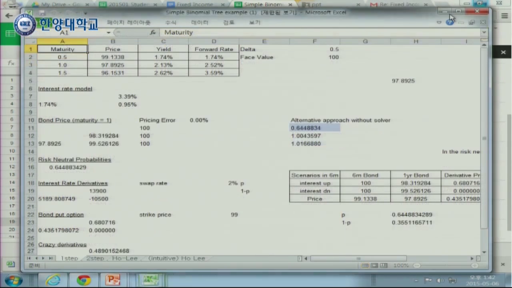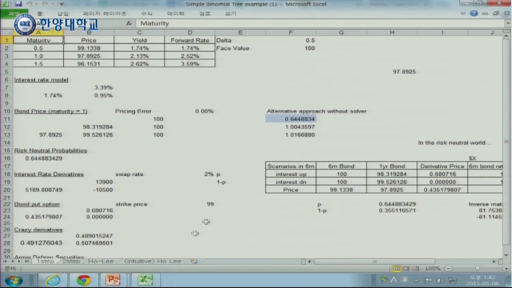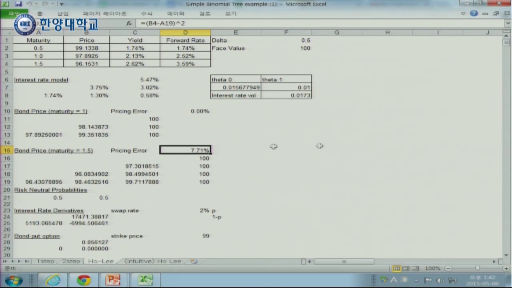Okay, now how can I do the optimization, how can I make this one 0? 누가 나와서 해볼 사람? Any volunteer? So how can I make this one estimate Ho-Lee? 오늘 발표한 여연태 학생이 한번 와서 해보지. 와서 나와서 한번 해봐. 아니 그냥 와서 해봐. 설명 안 해도 돼. 와서 한번 해봐. Okay?